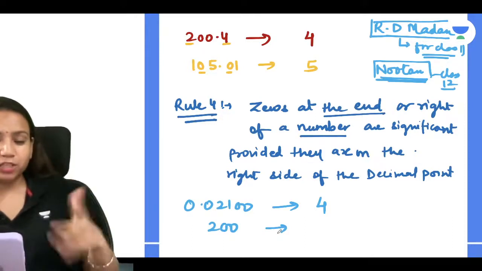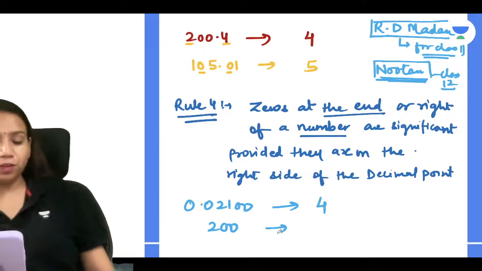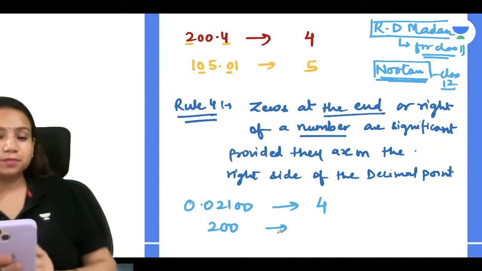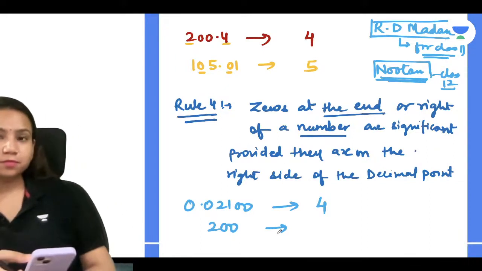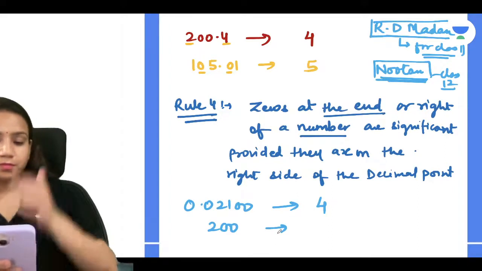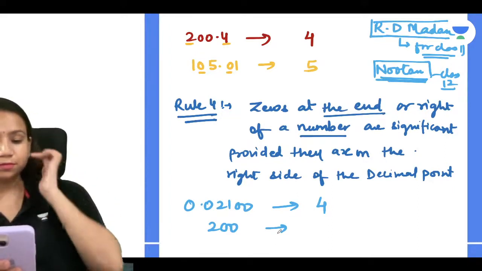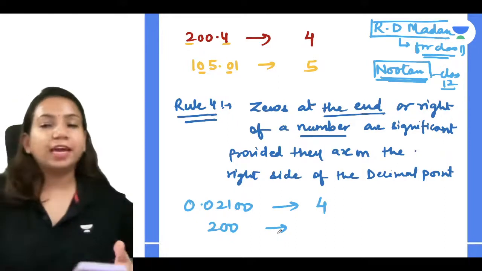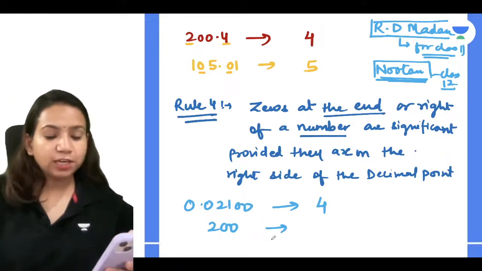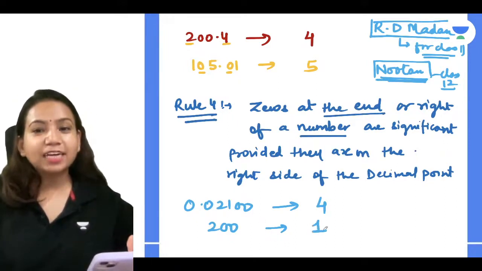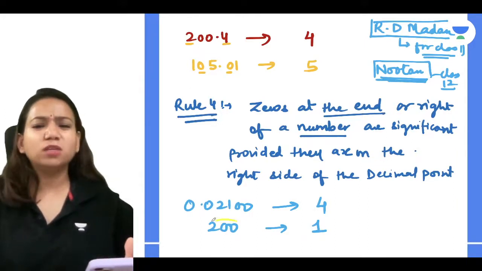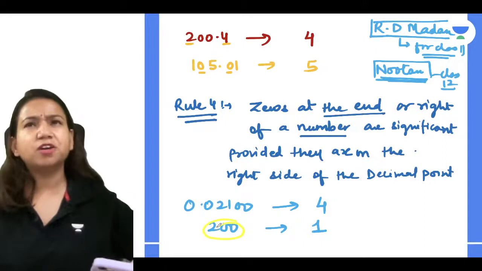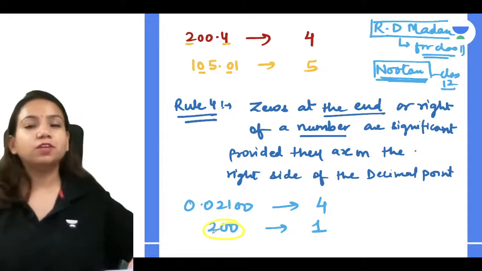Very good, Ridhima, Akshay. You have given the correct answer for the previous one. Try to answer for this as well. One. Very good. Correct. Very good, Akshay, Ridhima. So remember that many people will ask how 200 can have one significant figure, how you can say that with certainty.